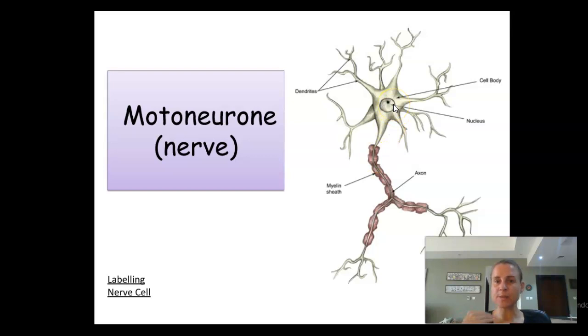When an impulse is propagated, when an impulse travels along this neuron, it actually jumps from node to node. Okay, so that myelin sheath is an insulating sheath, and then the impulse jumps along in the nodes between those myelin sheaths, and that's really important for how impulses propagate along nerves.